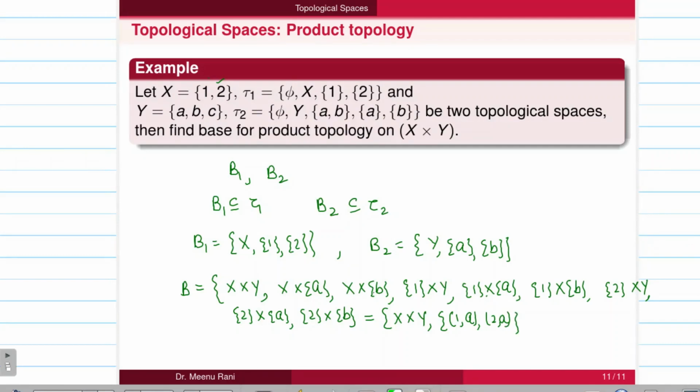Now X cross {b}, it is {1, 2}, so it is {1b} and {2b}.